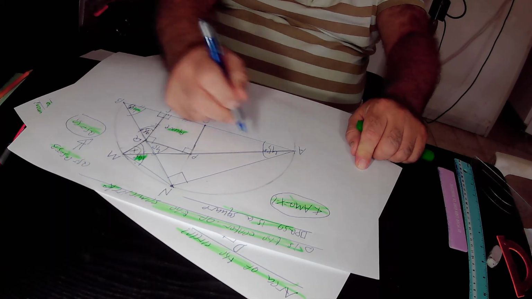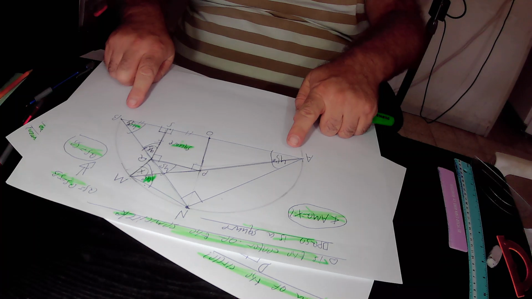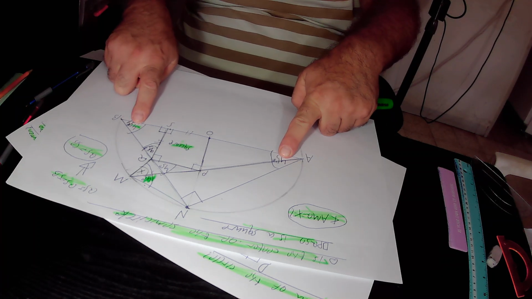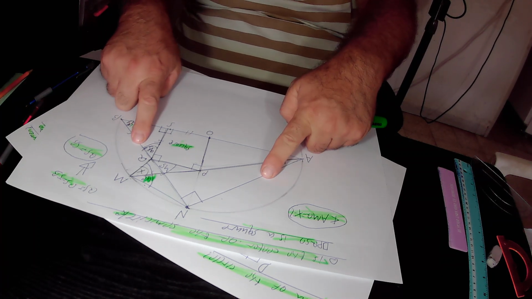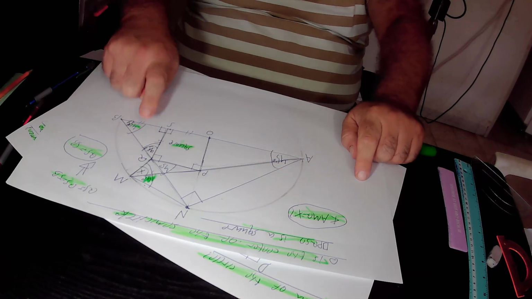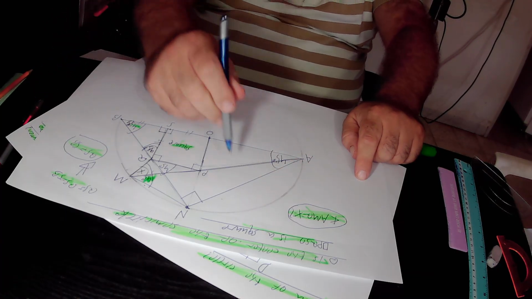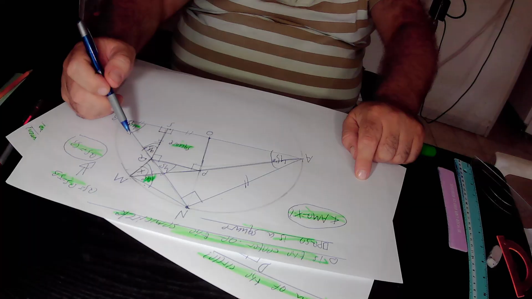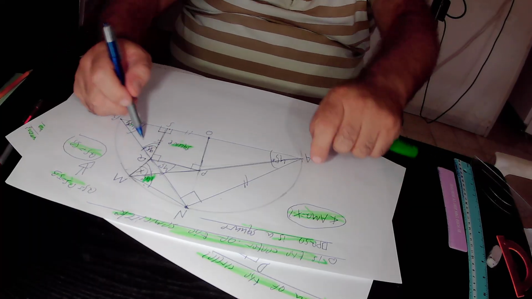So in the big right triangle ANB, in front of those two equal angles, we have those two sides that must also be equal to each other in length. That is to say, side AN equals side NB.